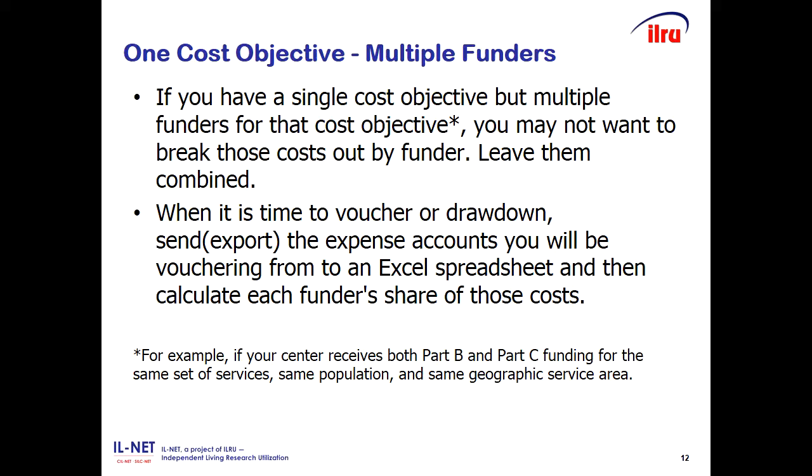So if you have a single cost objective with more than one funder, you may not want to break those costs out by funder. It's not necessary for you to do that except at the time that you apply for your funds, and when you draw down you need to know how much of each you did. So the expense accounts that you voucher will help you calculate each funder's share, and that is sufficient.